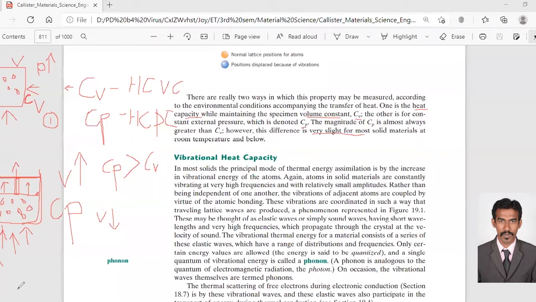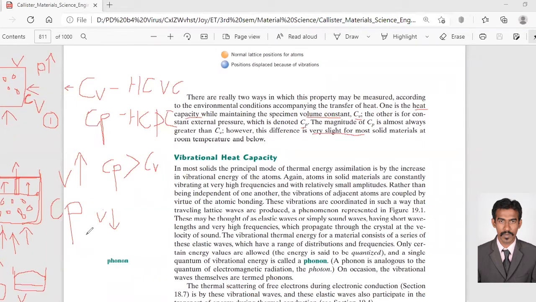Similarly, when you take some milk and cook it on the fire, what will happen? Initially the milk will be like this, then at some stage it will rise like this. So for the gas state, that is the balloon example, and the liquid state, that is the milk, the volume change is significant. But in the case of solids, the volume change is very low. Why?